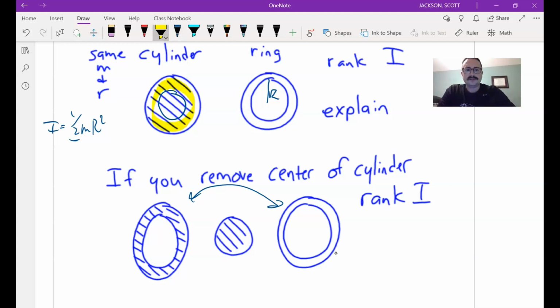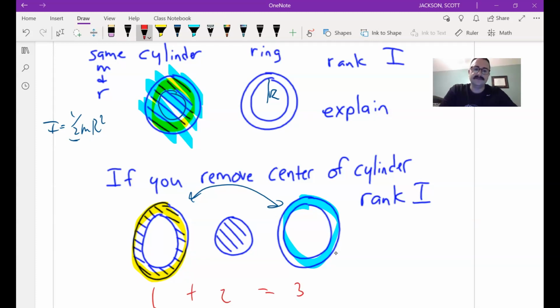So this ring right here is not the same mass as this one, because these two pieces, okay, so piece 1 plus piece 2 equals the mass of piece 3, because it told us this mass of 1 equals this mass of 2. So when I take those two parts away, they have to equal this one.